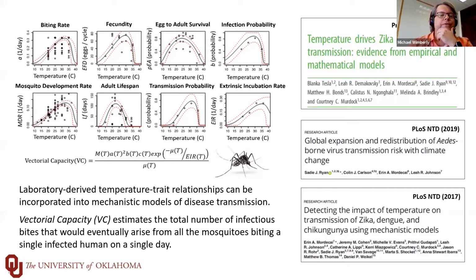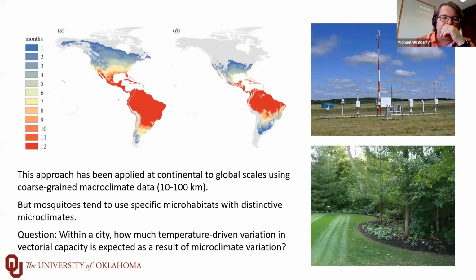So that's pretty cool. We've got temperature, we can put it through these equations and estimate vectorial capacity. And people have done some really cool stuff with this. This is the potential for dengue transmission in the Western Hemisphere. I believe this is by Aedes albopictus.